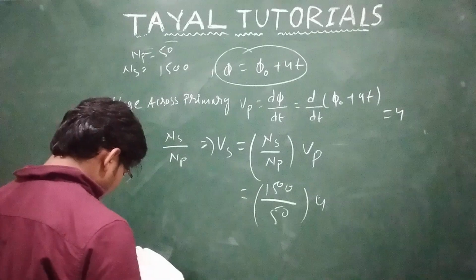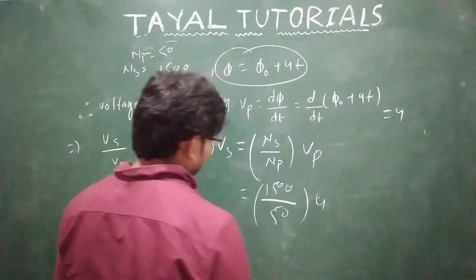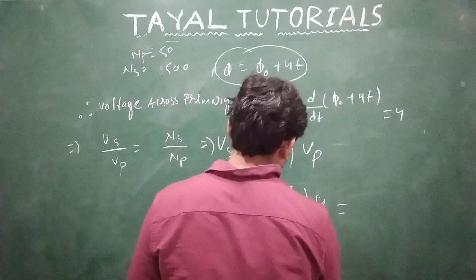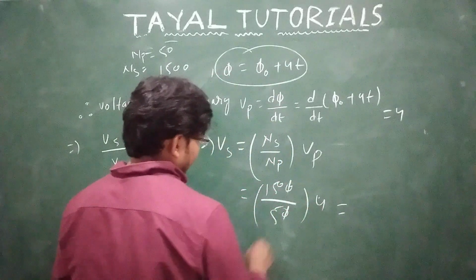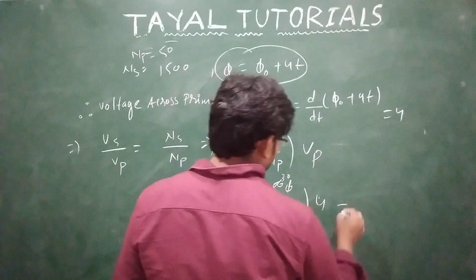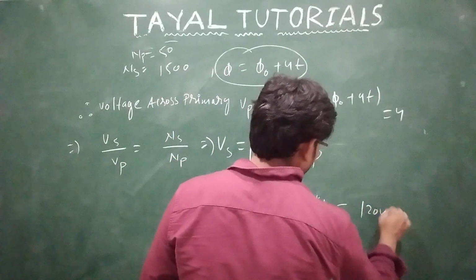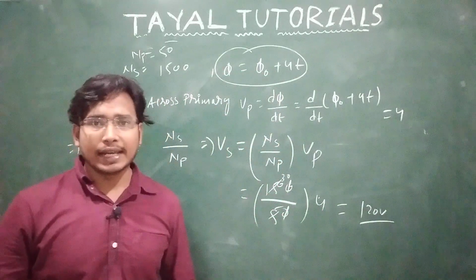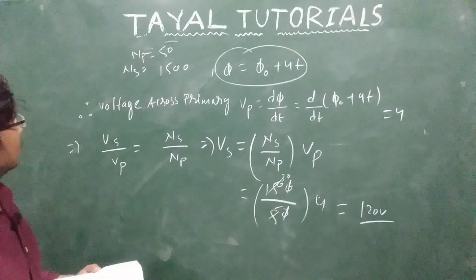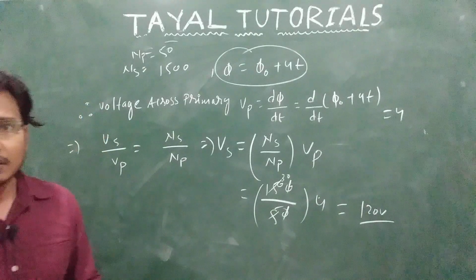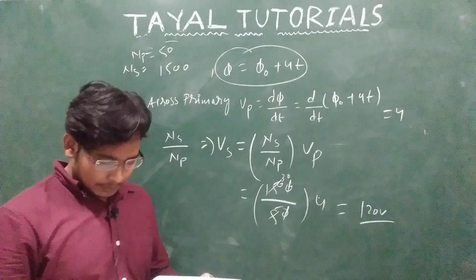When you calculate, you will get 120 volt as the answer. This is how we can simply calculate Vs if phi is given, by calculating Vp.